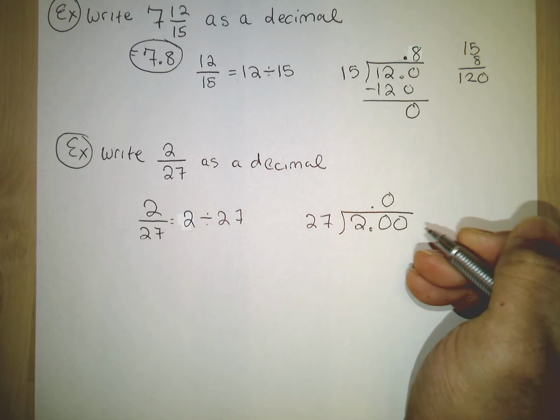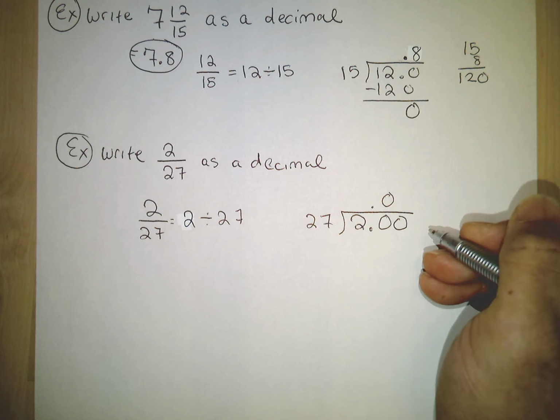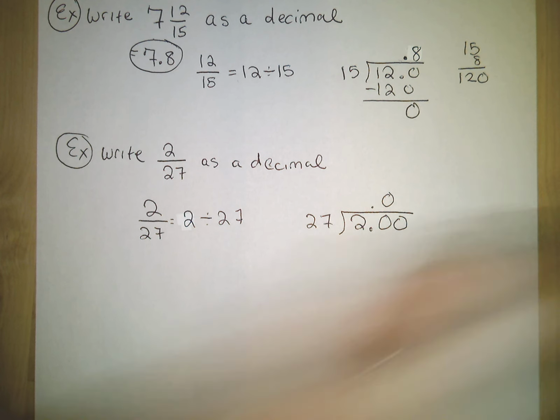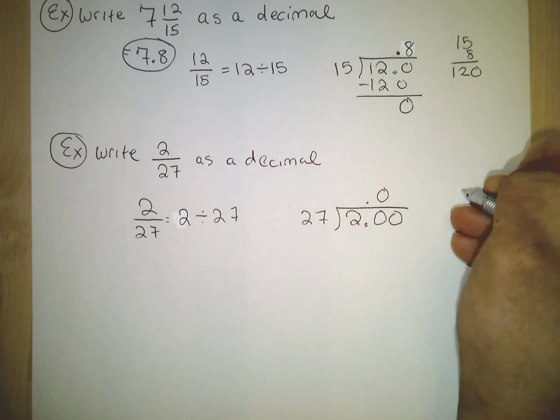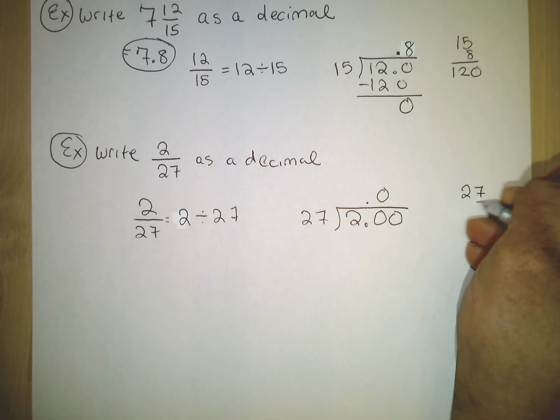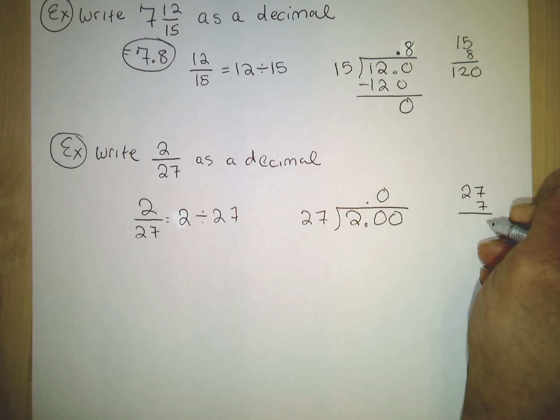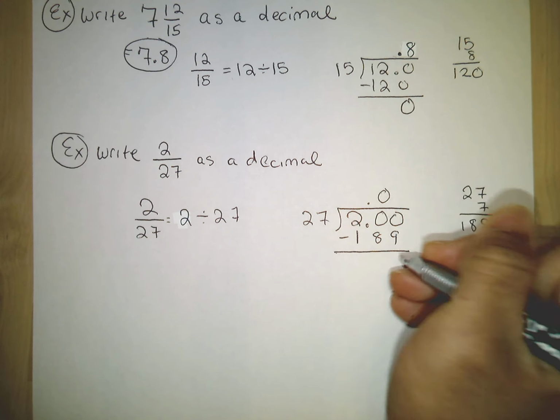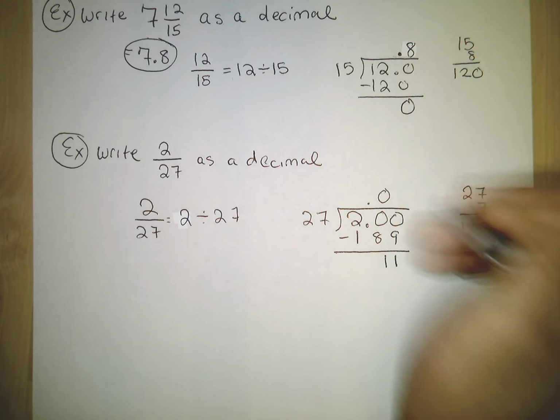We need another 0. Well, 27 goes into 200 7 times, so 27 times 7 will be 189. So 200 minus 189 is 11.